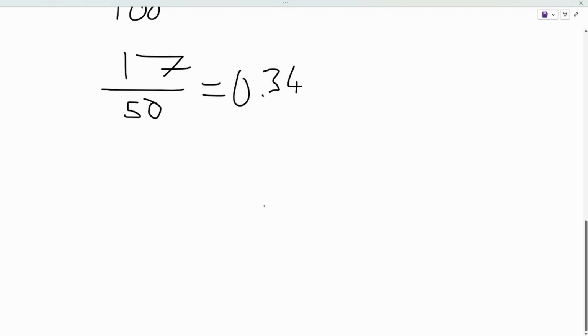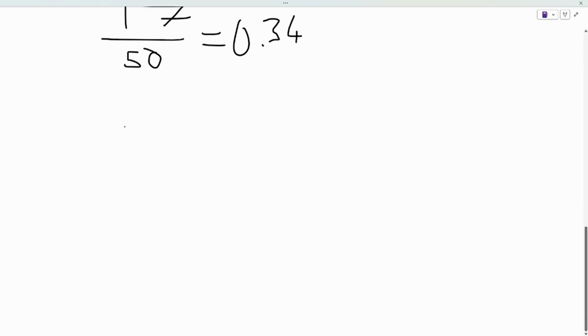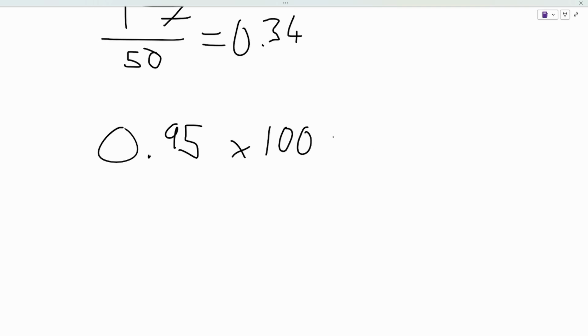And as for our final example, we'll do a 2 decimal place decimal again. So let's take 0.95. Like the one before, we're going to times this by 100, or 10 squared, to get 95. And that is the lowest power of 10 to get to an integer.